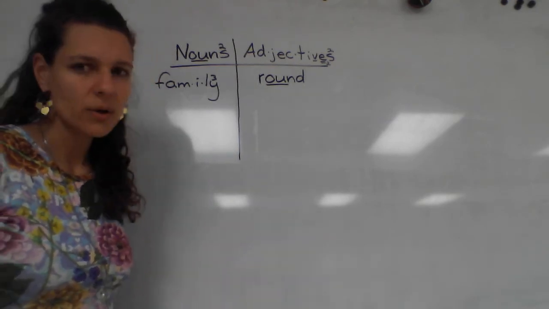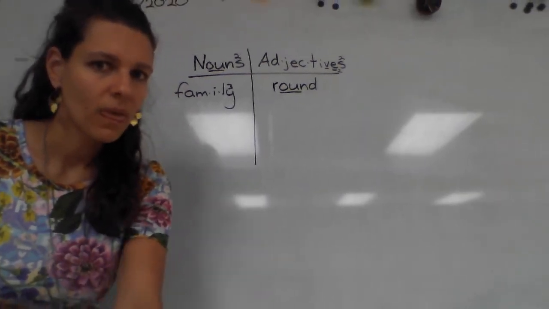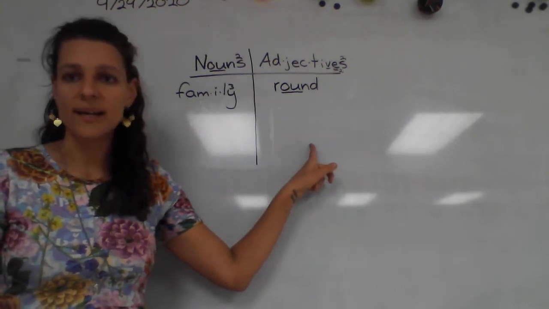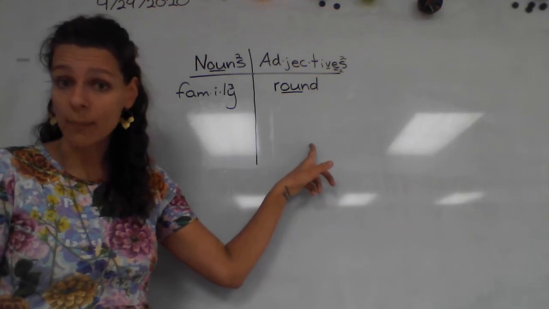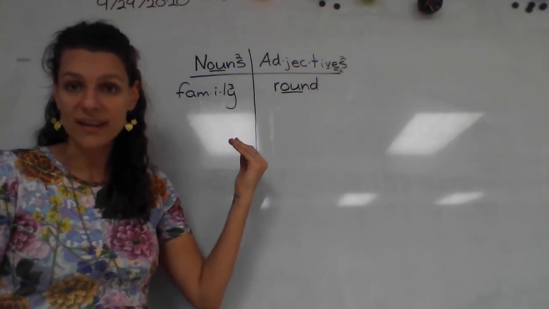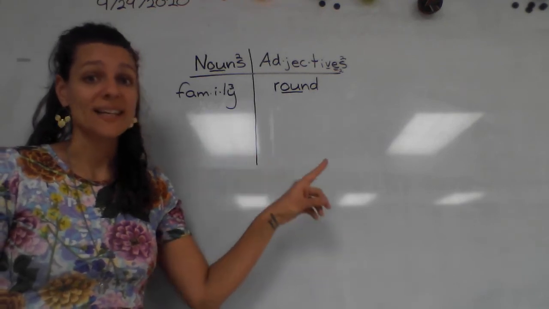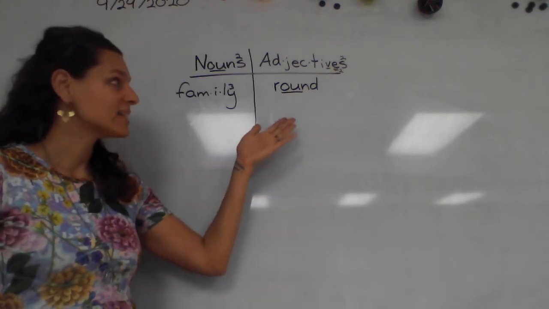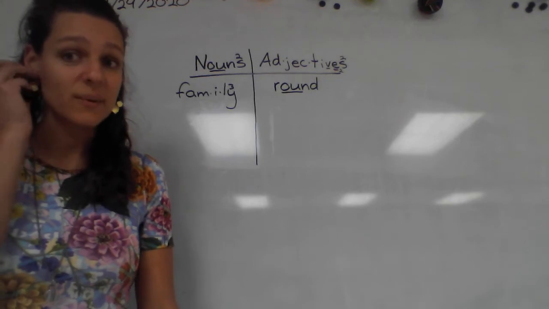I know cookies are a noun because cookies are a thing. Oh, wait a minute. One of my adjective questions was how many? Would fower answer the question how many for my noun cookies? Excellent, it would. So is fower a noun or is it an adjective? Excellent. It is an adjective. Go ahead and write it in your adjectives column. Say the sounds while you write them.